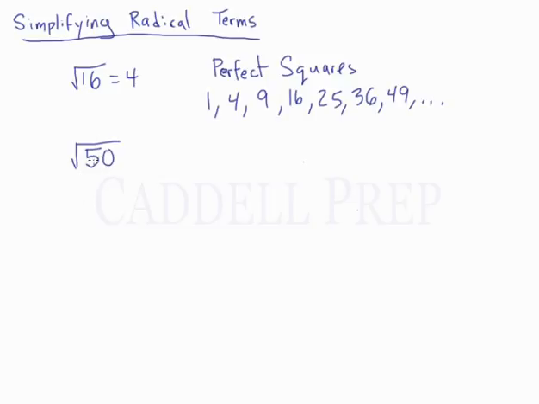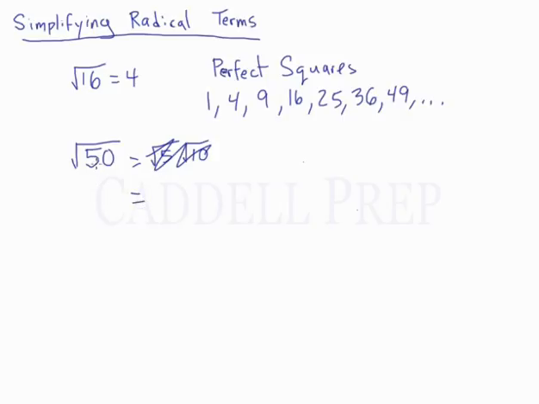The way we do that is we think of factors of 50. So for example, 5 and 10 are factors of 50. We can actually break this up. So square root of 50 equals radical 5 times radical 10. But we can't do the square root of 5 or the square root of 10, so this doesn't help us at all.